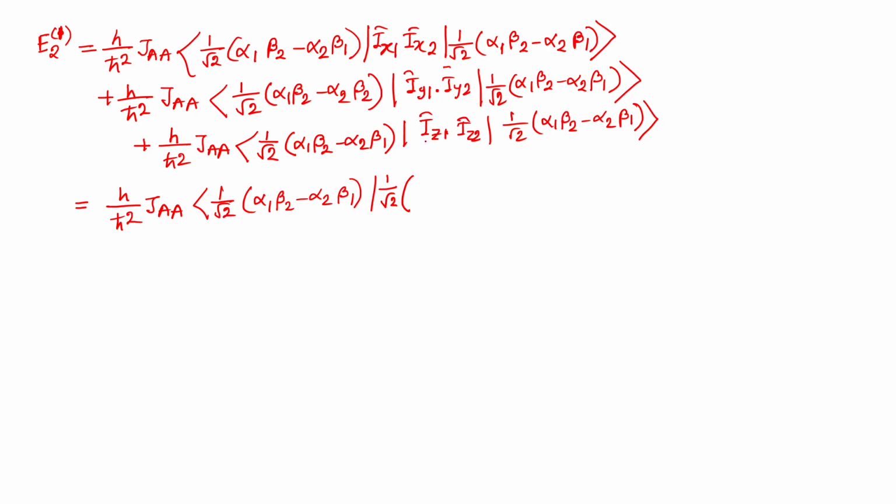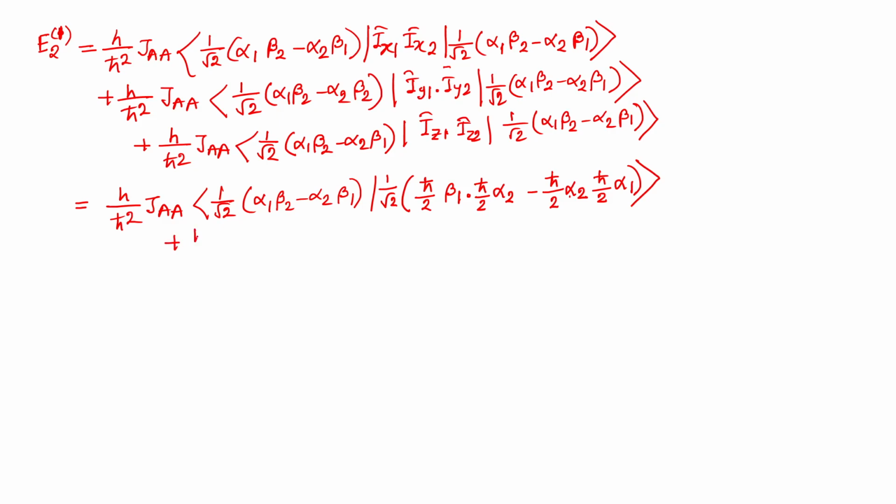So x1 will operate on alpha 1, x2 will operate on beta 2. So x1 will become h cut by 2 beta 1 and x2 on beta 2 will be h cut by 2 alpha 2. What about the next one? It will become h cut by 2 alpha 2, h cut by 2 alpha 1. This is the first one is done.